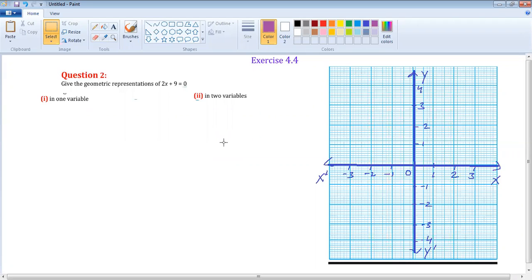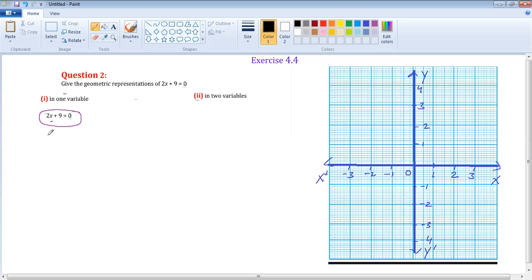Here we have another equation, that is 2x plus 9 is equal to 0. For this equation again we have to represent it in one variable and in two variables. As you can see here, in this equation 2x plus 9, there is only one variable, that is x.